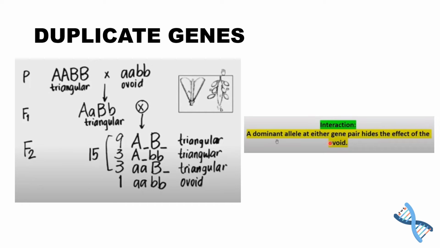So, basta may present ka nung dominant allele, regardless kung ano na yung kasama dun sa allele na yun, kasama niya, regardless if it is dominant or recessive, basta may present ka ng dominant allele at either gene pair, it will hide the effect of the ovoid shape natin. So, yun yung duplicate gene na tinatawag.